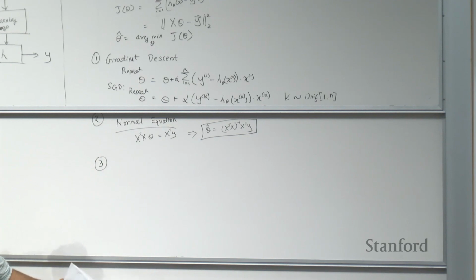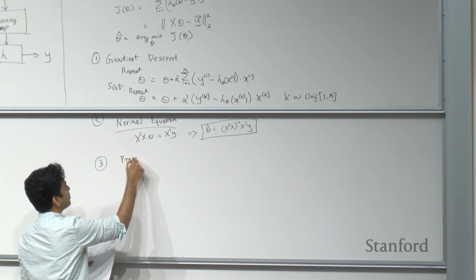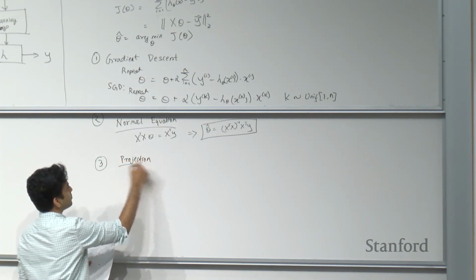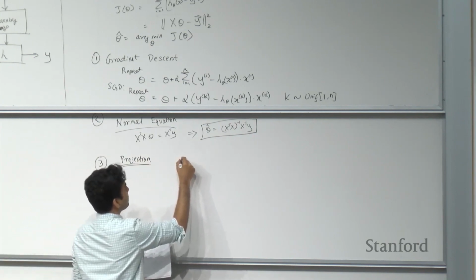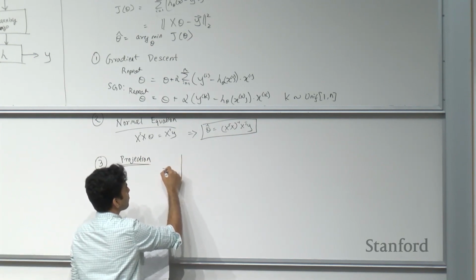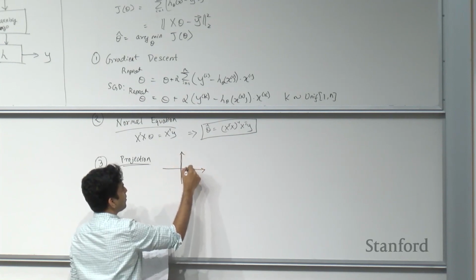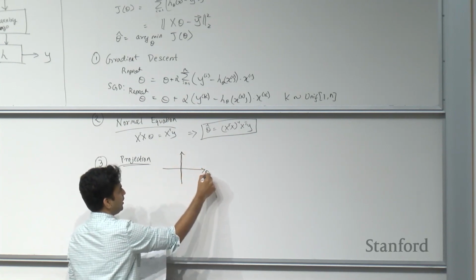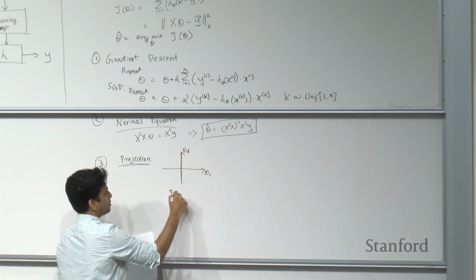And then we saw a few more interpretations of linear regression. The other one was projection based, right? Projection. So let's assume this is theta 1 through theta d, and this is the parameter space.